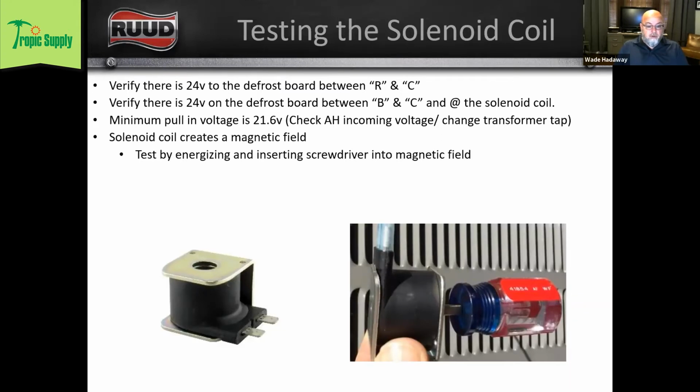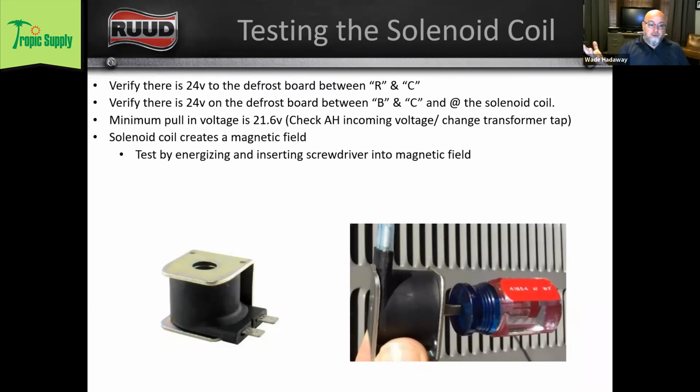The other thing that you can do is you can check resistance or ohm out the solenoid coil itself and make sure that it doesn't have an open winding. If it ohms out okay, the other thing that you can do is you can energize this valve. So put 24 volts to the solenoid. You can unscrew a bolt from the end of it and slide the solenoid off of the valve itself, and then energize that valve and stick a screwdriver in it.